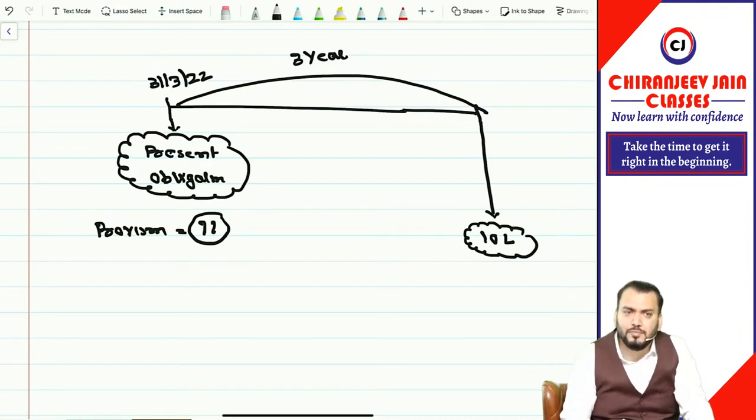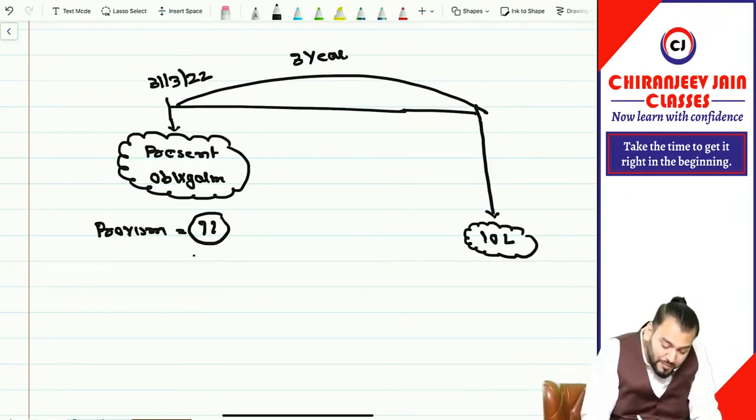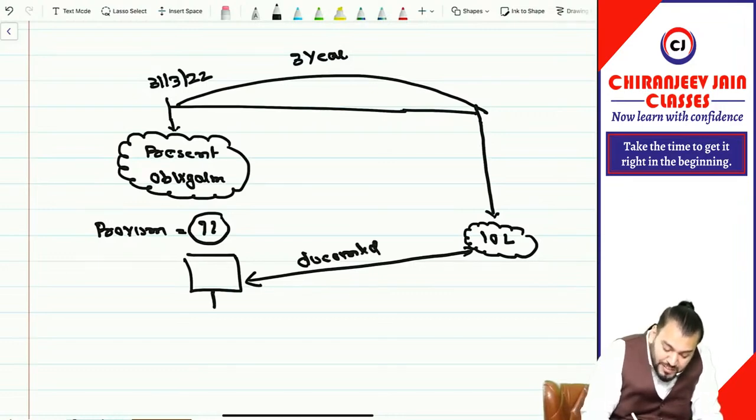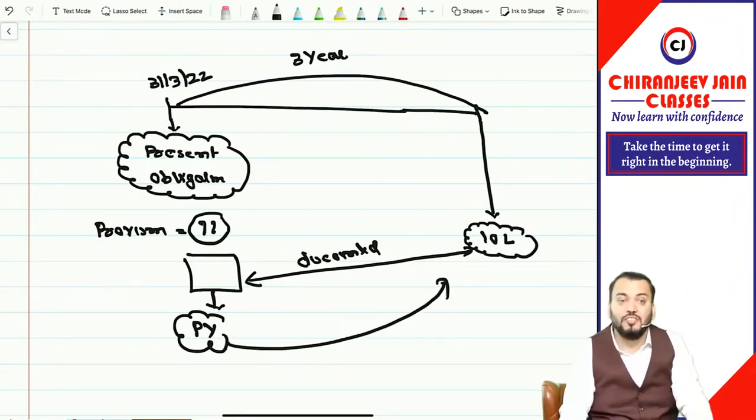So what you will do? Can you say this 10 lakh is future value? But you want value as on this date. So what you will do? Can you see, you will do discounting? Correct now. So you will discount this amount, and you will find out present value. The present value of this 10 lakh will be the amount of provision.